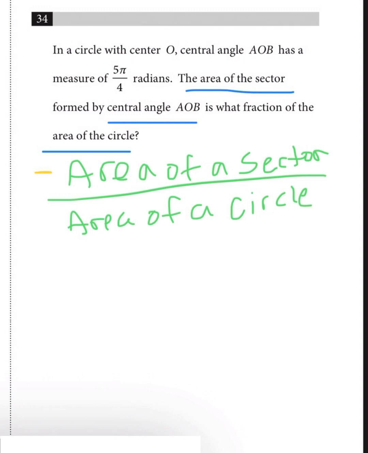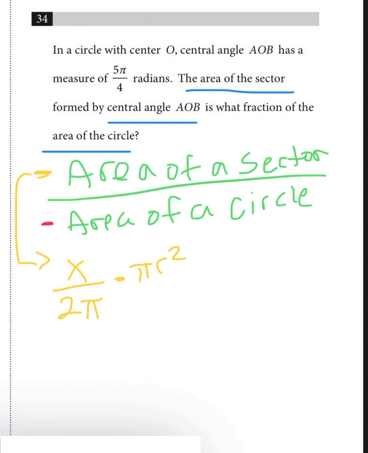Now I'm just going to color code right here. And it's important that you know the formula. So right here I'm going to write the formula for the area of a sector. Area of a sector is x over 2 pi times pi r squared.